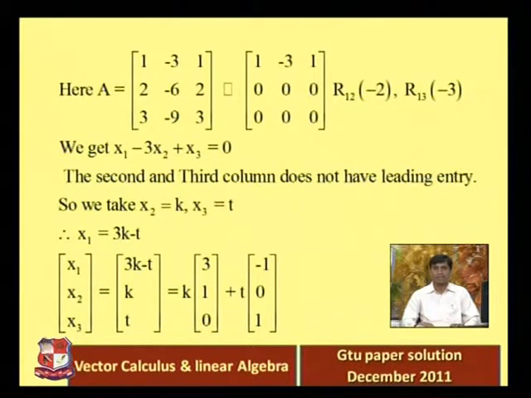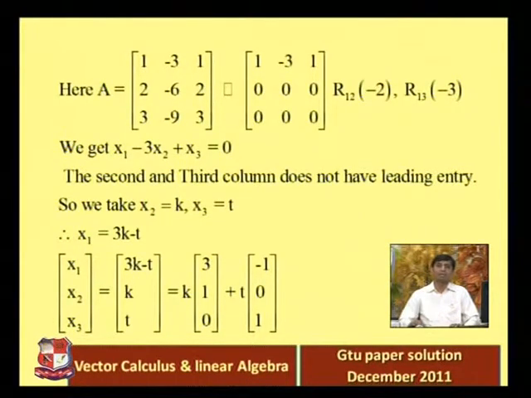Now from that you can understand the dimension of the solution space is 2, because we have 2 vectors. We have 2 variables, x2 is equal to k and x3 is equal to t, and the value of x1 in the form of k and t is 3k minus t.